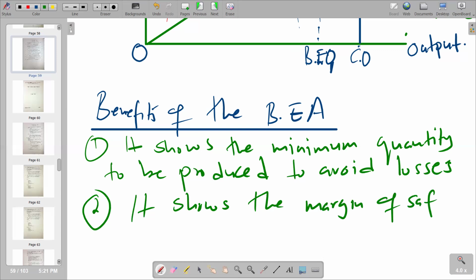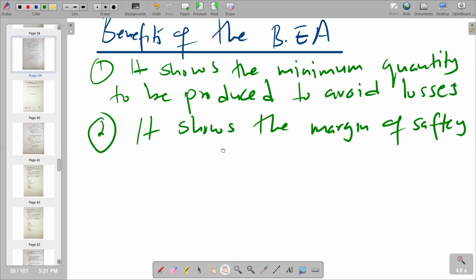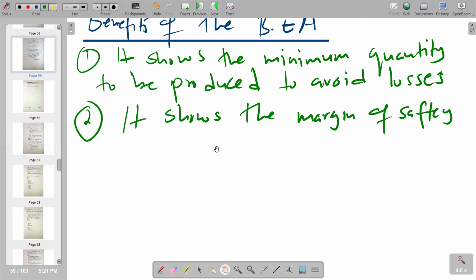It shows the margin of safety as a point, and then we also try to come up with another one. So with that, we can also try to see what other benefits we can come up with.